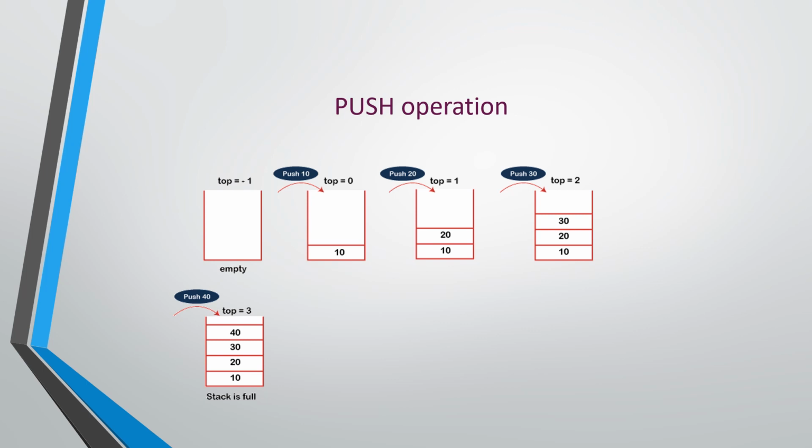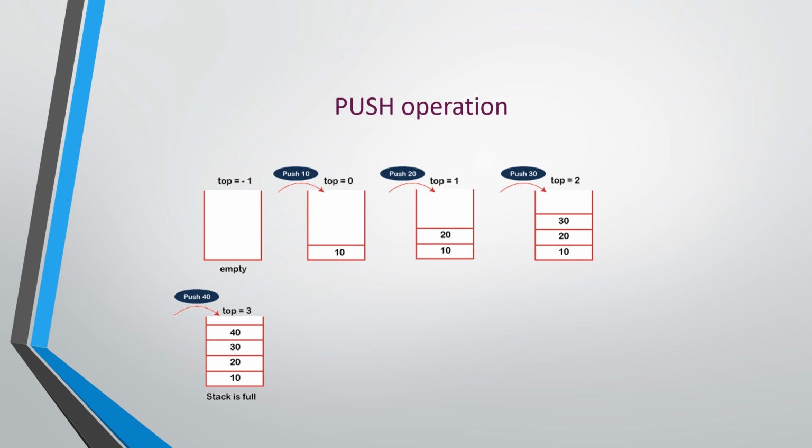The picture representation of the push operation is given here. Initially the top pointer is -1 and it will be incremented each time an element is inserted into the stack. In this diagram, the top is initially -1, and when we insert a new element 10 into it, it will be incremented to 0.